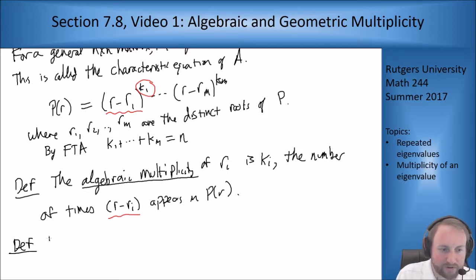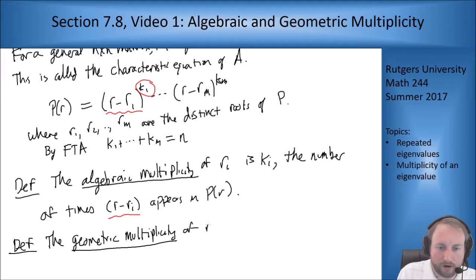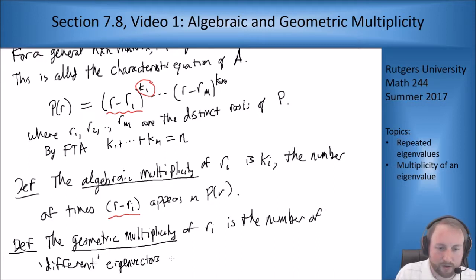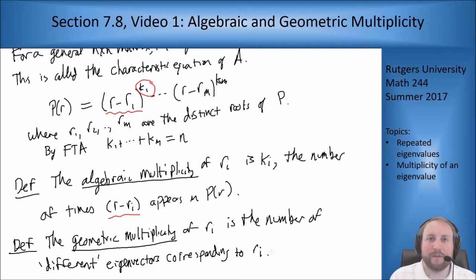The geometric multiplicity of ri is the number of different eigenvectors corresponding to ri. For those of you who've taken linear algebra, the words I really want to use here are linearly independent eigenvectors, but we're not going to assume any linear algebra, but that's what we're trying to get at here.